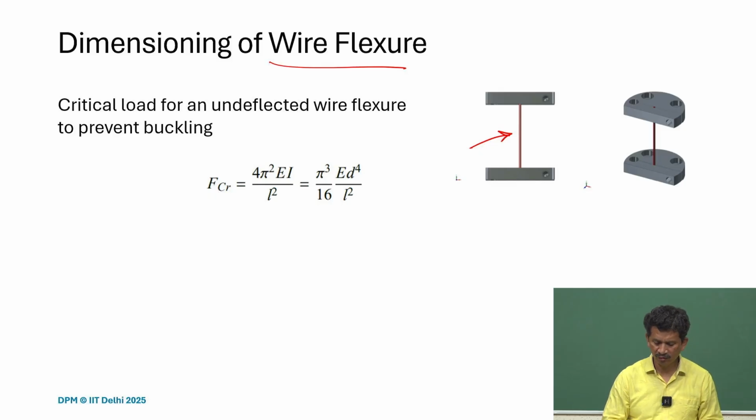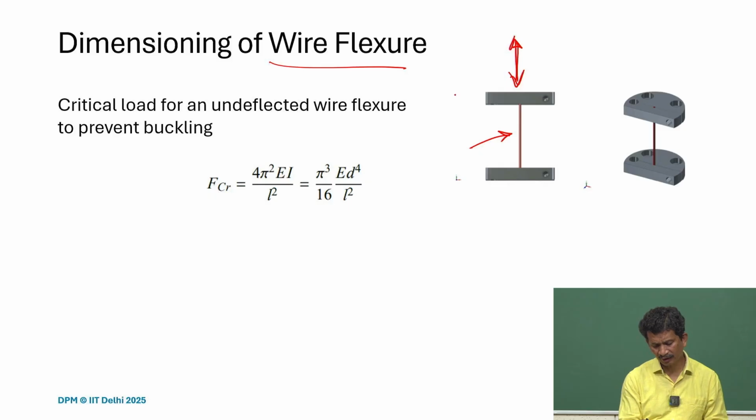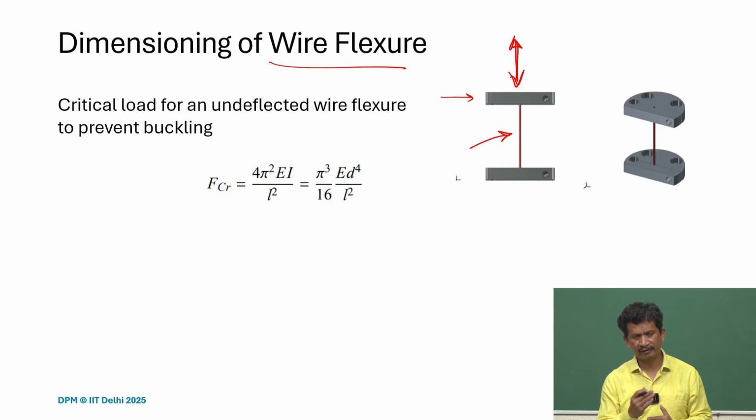So what is the basis? If you are going for this wire flexure, and if we look at the setup, the only force coming on this one is either in tension or compression in the longitudinal direction. One can ask what happens if there is a lateral force. It will be supported by some other wire flexure, not by this.